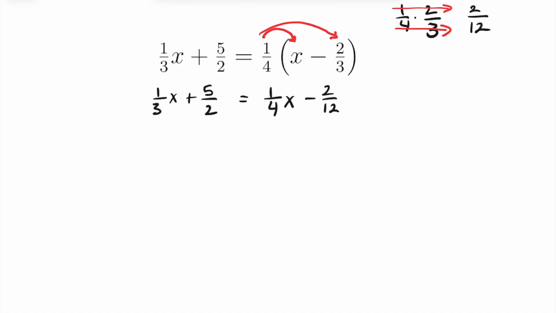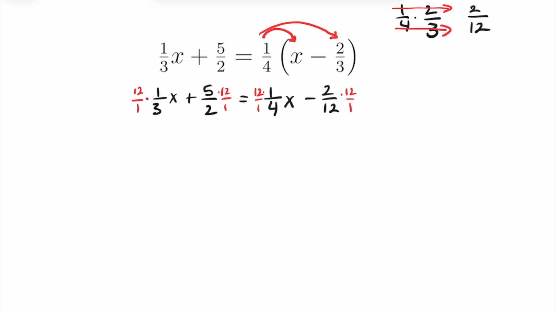I'll go through and multiply every single term times 12. When I do this, I'm going to write it as a times 12 over 1, just so that I remember this is actually a fraction. Once again, when you multiply fractions, you can do this a couple different ways.